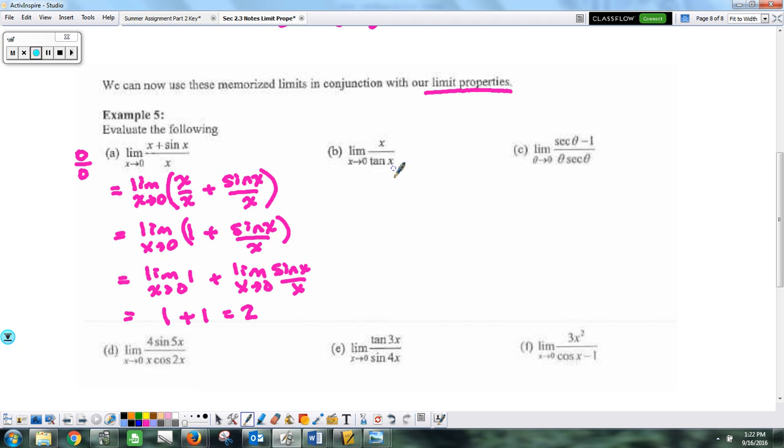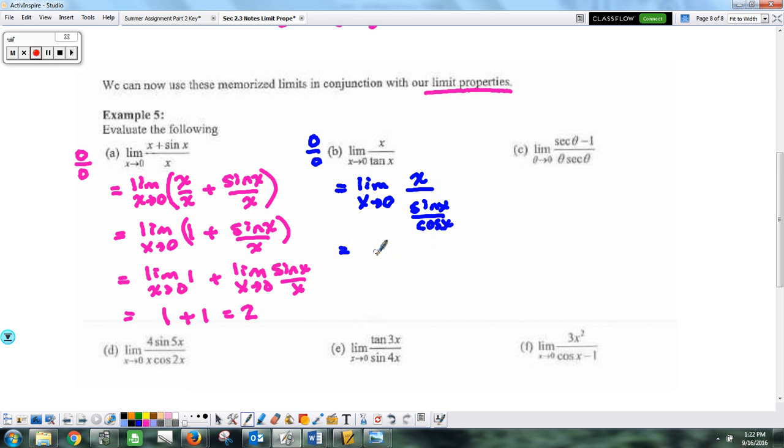Here's another example where, again, if I try to plug in 0, I get 0 over tangent of 0, which is 0 over 0. So we're going to do more work. We don't see initially that you have a special limit sine of x over x, but what we see is we've got a tangent, and sometimes we need to employ a trig substitution. So we're going to do the limit as x goes to 0 of x over sine x over cosine x.